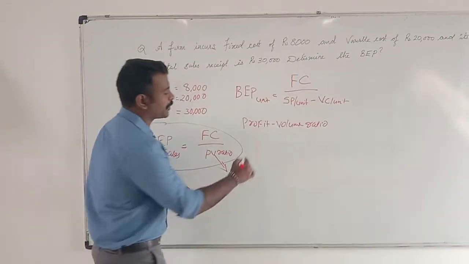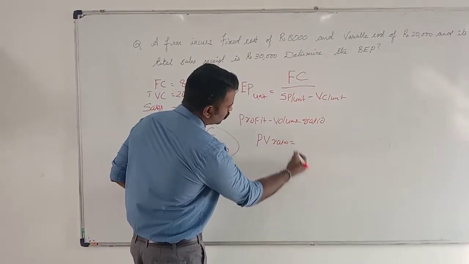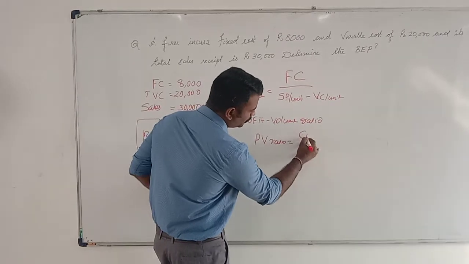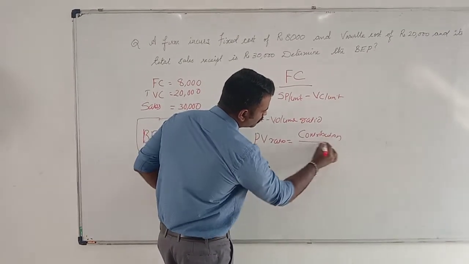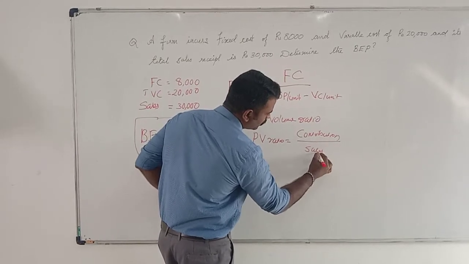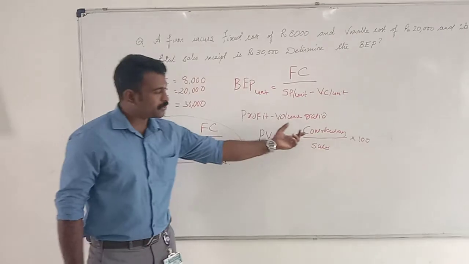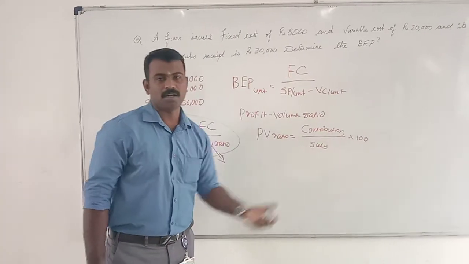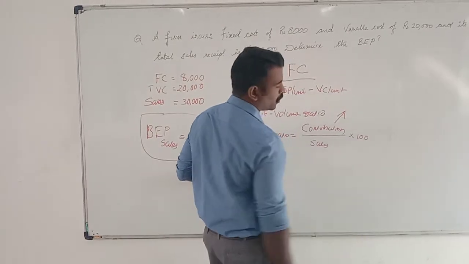So how can we find out the PV ratio? PV ratio is equal to contribution by sales into 100. Again we got a new word, that is contribution.